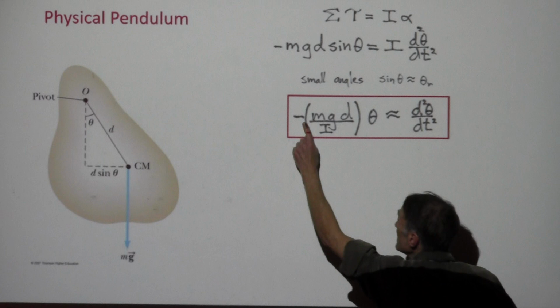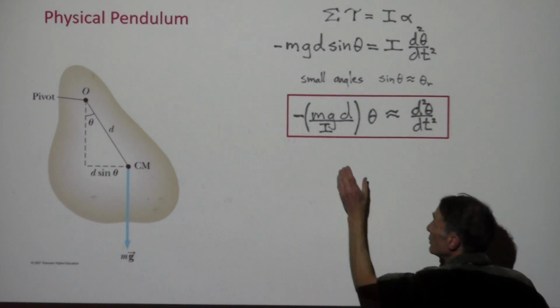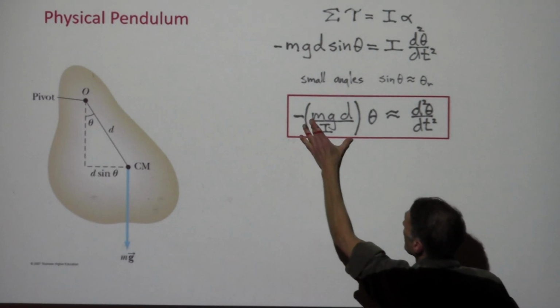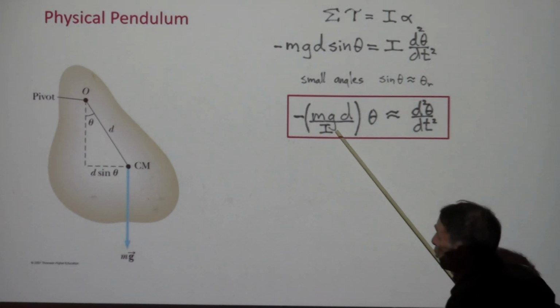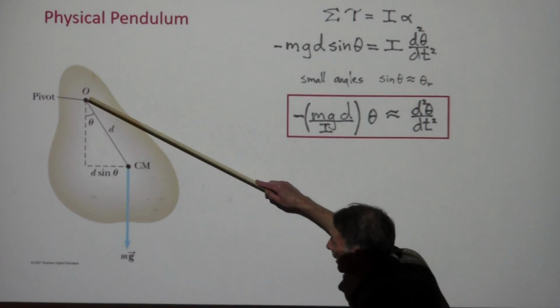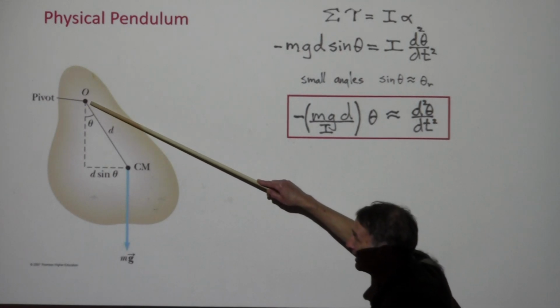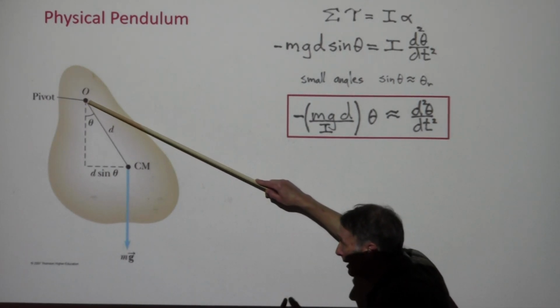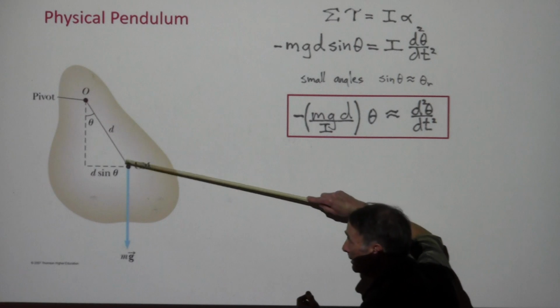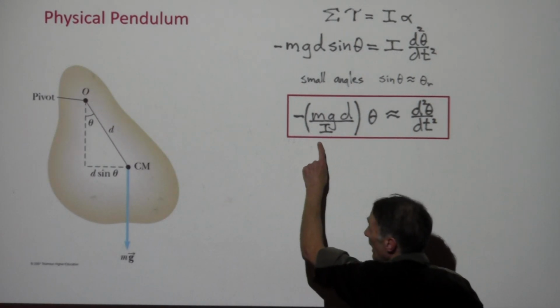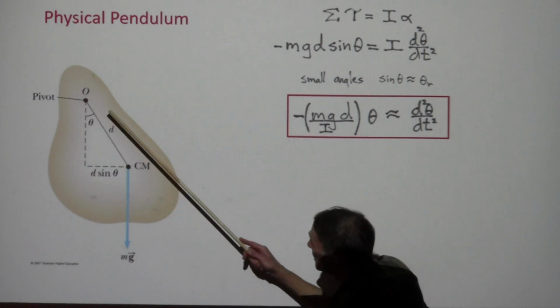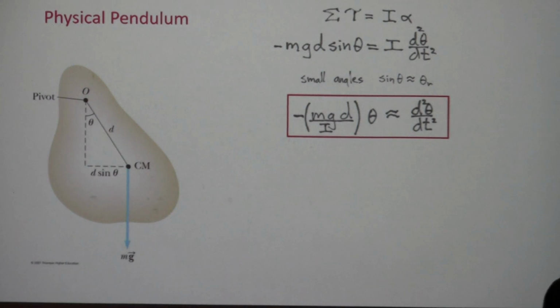And we've got a minus indicating it's a restoring torque. And we're going to have mgd all over I. This I would be the moment of inertia around that point. So again, depending on what he might give you, you might need to use the parallel axis theorem to get that I. Probably should have emphasized this is I about this point O here.